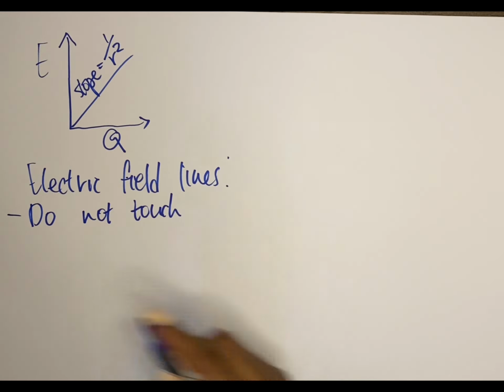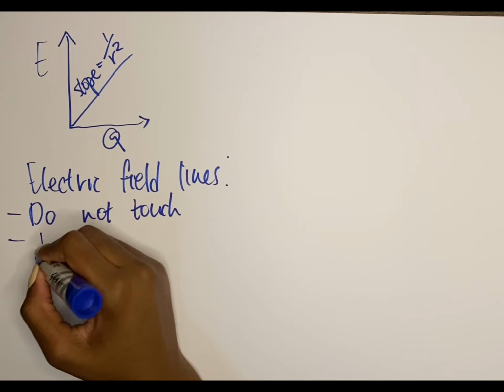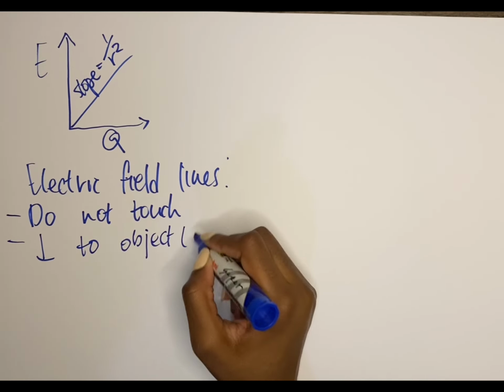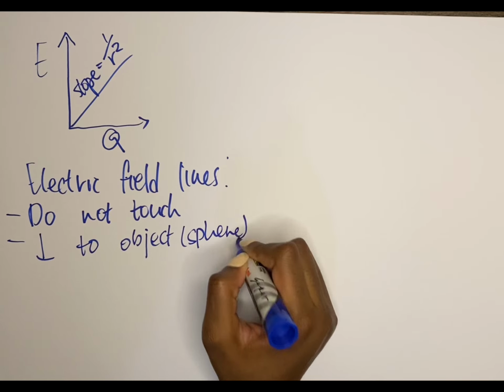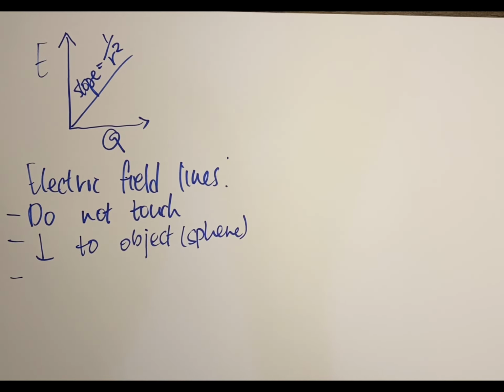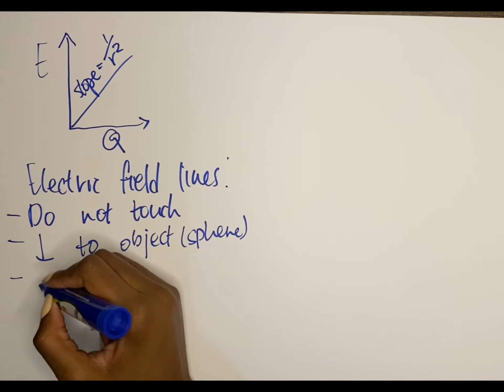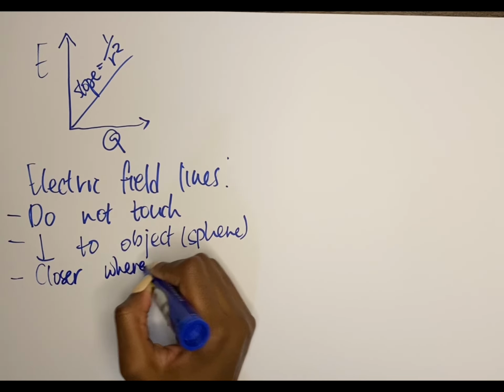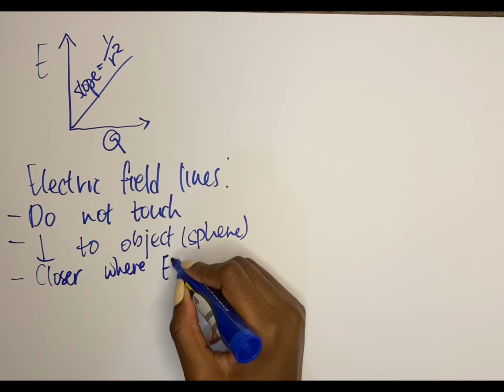The lines must not touch. The lines must be perpendicular to the object, which is often just the sphere. And the lines must be closer together where the electric field is stronger, right?